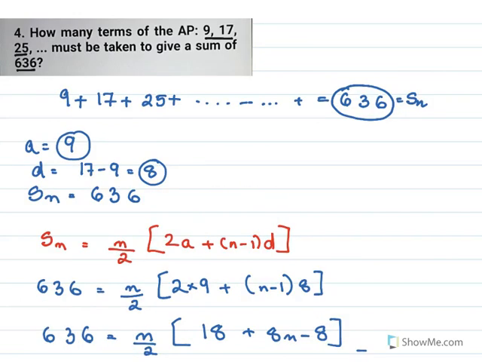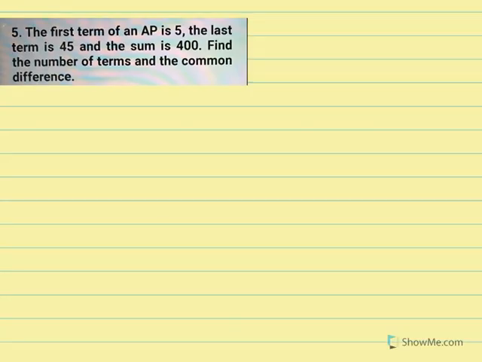Let's get back to this. So this was our first term, second term, third term. You have to add up till the 12th term to get the total 636. The first term of an AP is 5 and the last term is 45, which means the first term A equal to 5, last term is 45.